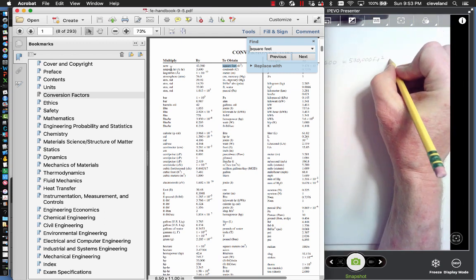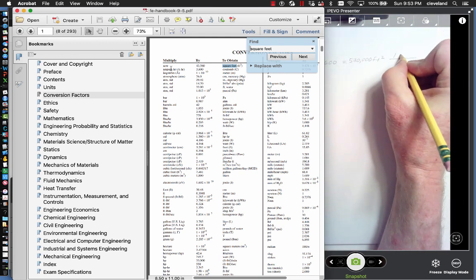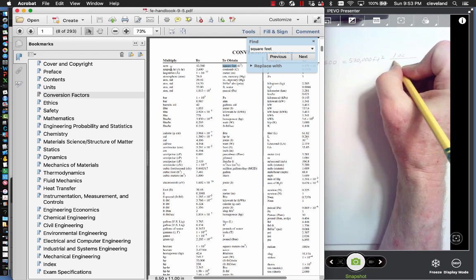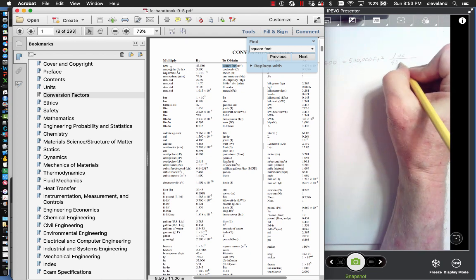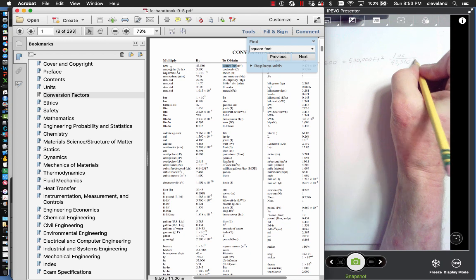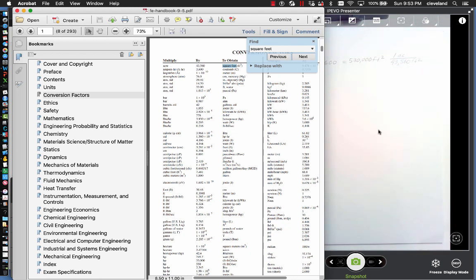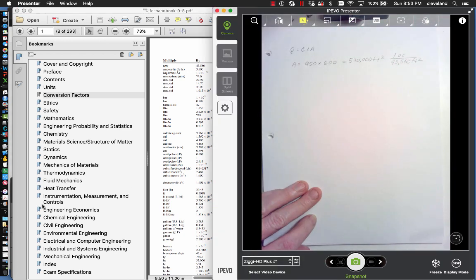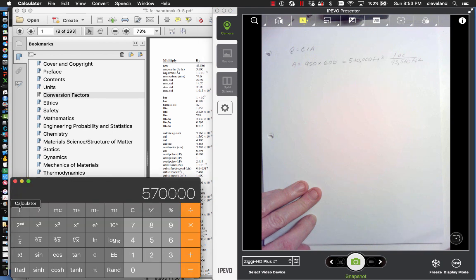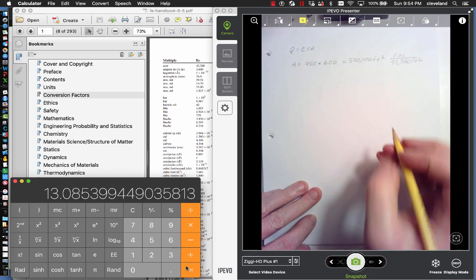So we have 1 acre is equal to 43,560 square feet. We'll now perform the indicated arithmetic. That's 13.08 acres.